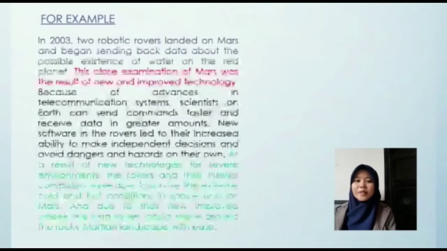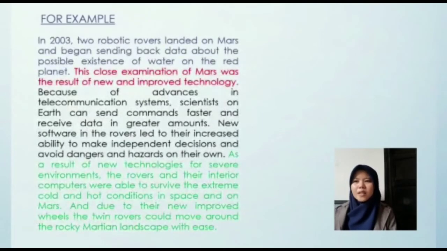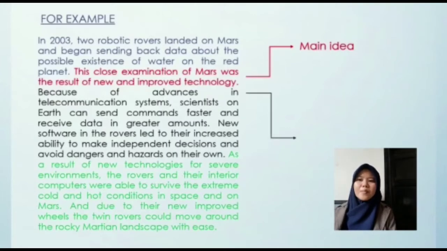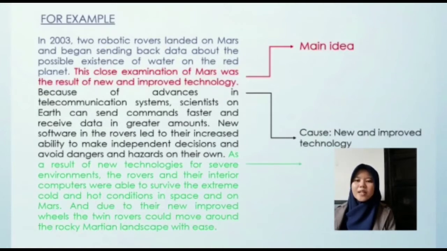And I will give the example. Two robotic rovers landed on Mars and began sending back data about the possible extent of water on the red planet. This close examination of Mars was the result of new and improved technology. The red one here is the main idea.